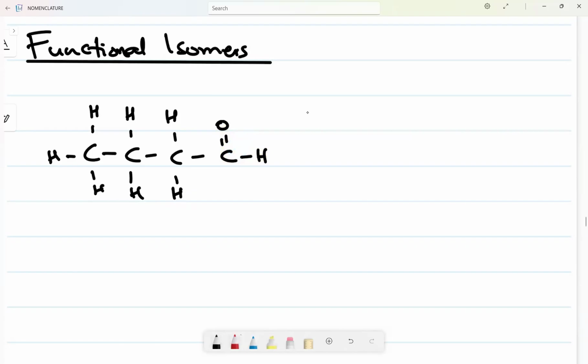Remember when I name an aldehyde, I just say number of carbons, 1, 2, 3, 4. It is butanal. Aldehyde, butanal. So it's going to be a functional isomer of what? Of this one.